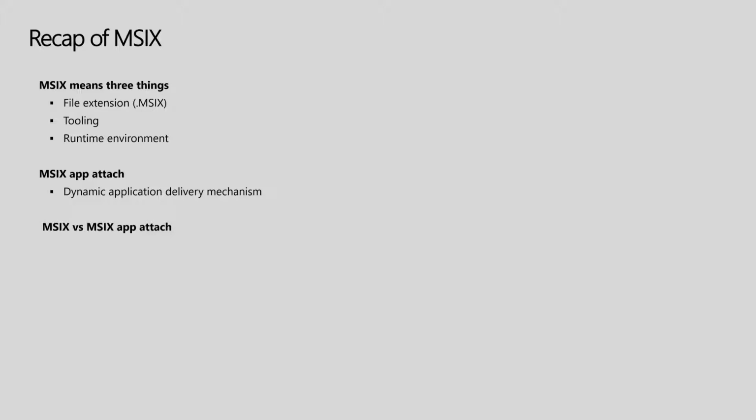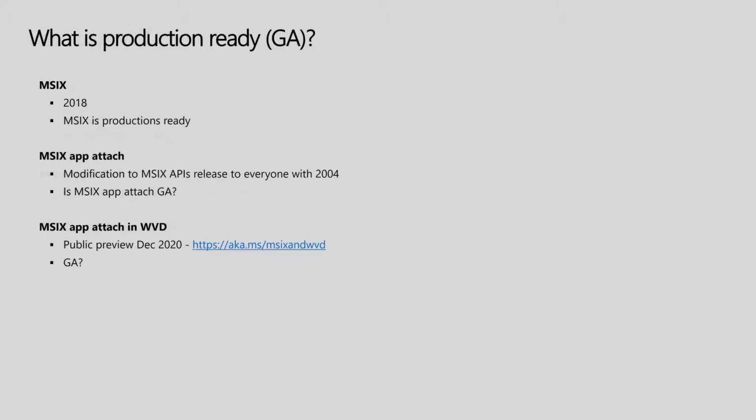Okay, with that said, let's jump into another big area of ambiguity. What's GA, product ready, generally available, what's shipped, and what's not. For some of you, this might be a trip down memory lane, but I have to do it in order to remove some of the confusion that I'm seeing in a lot of the community forums.